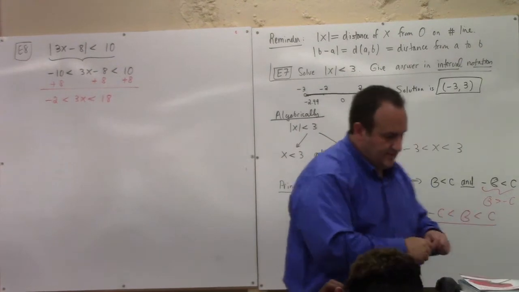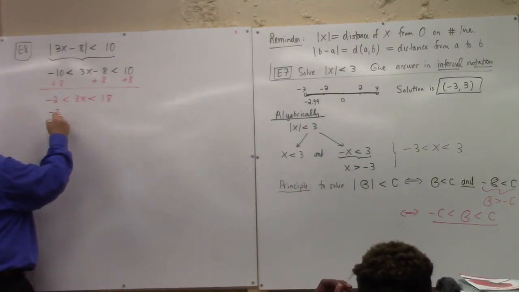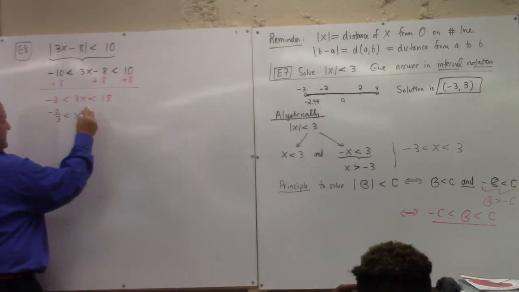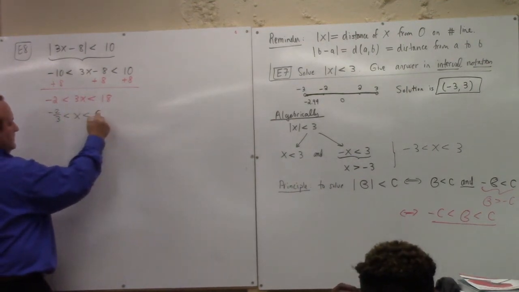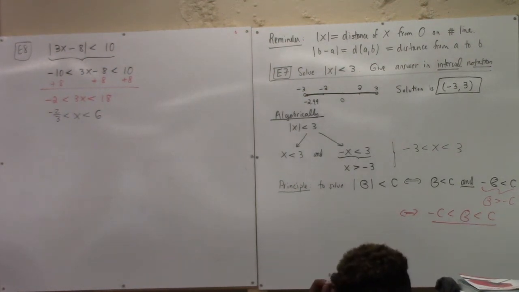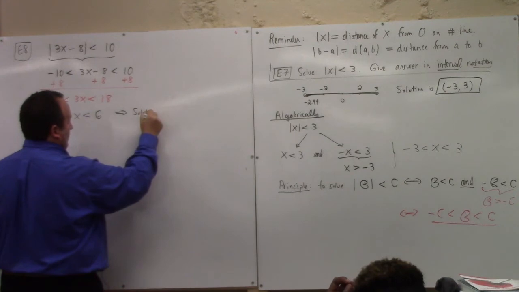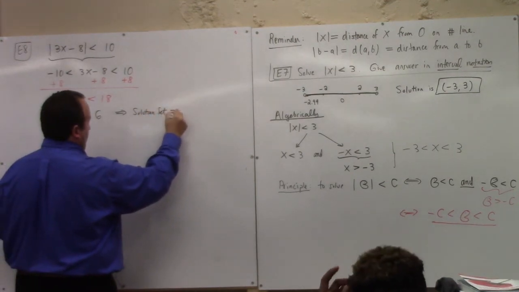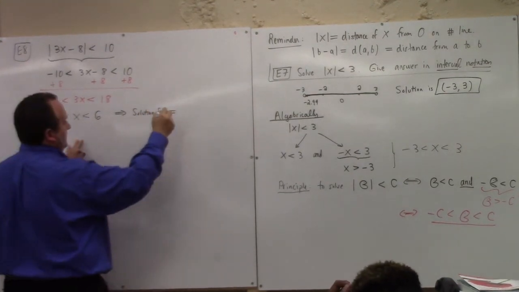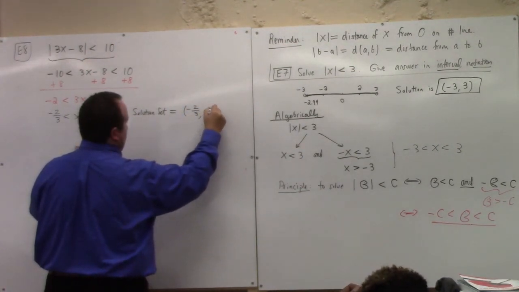Very good. So minus 2/3 is less than x is less than, well, 18 over 3 is 6, right? So that's the solution. What's the solution set in interval notation? We do what? Open interval minus 2/3 to 6.